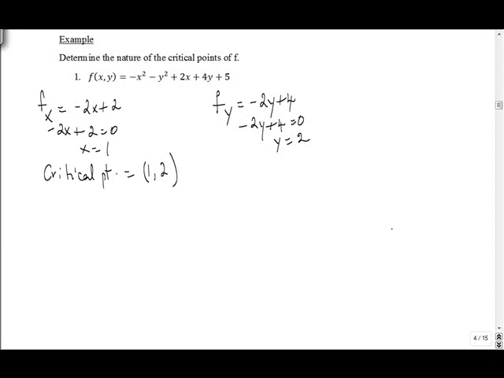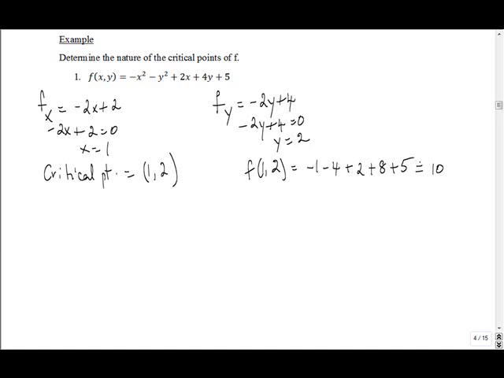Right away, let us find f at 1, 2. That's minus 1, minus 4, plus 2, plus 8, plus 5. What is that? 10? Okay. So we are going to determine whether this is a local max or local min.